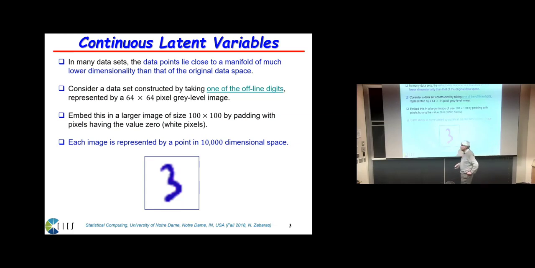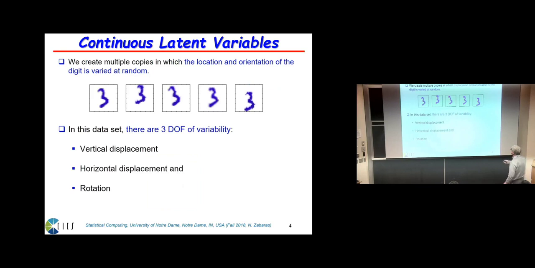I'm going to take this image 3 and translate it, rotate it, etc. If I create lots of versions of this image 3 by translation and rotation, I'm going to get something that looks like this. So this is the same image, and I have done different rigid body motions.